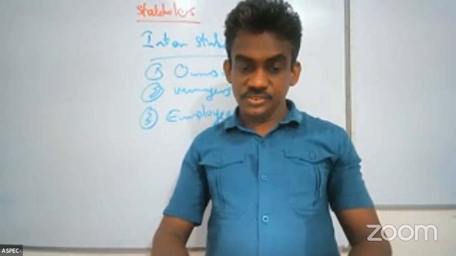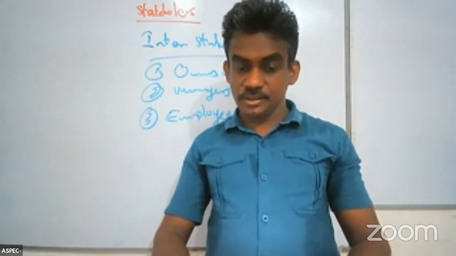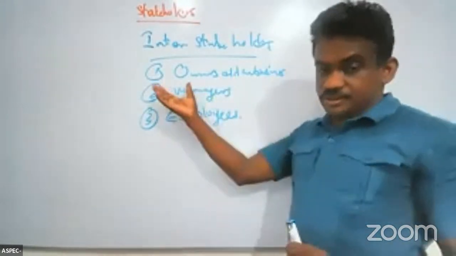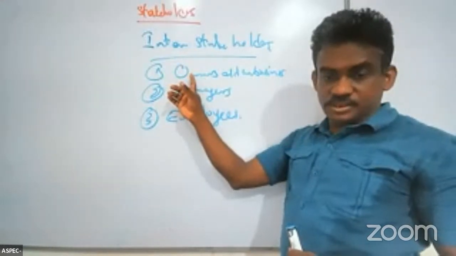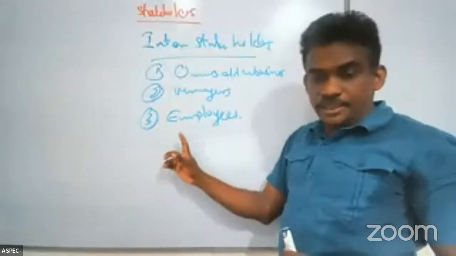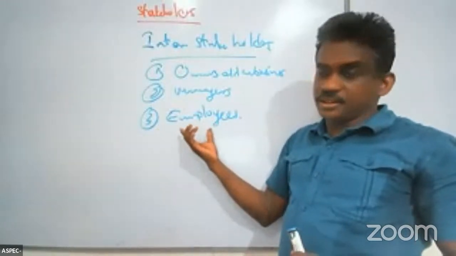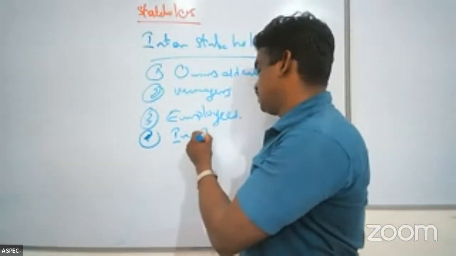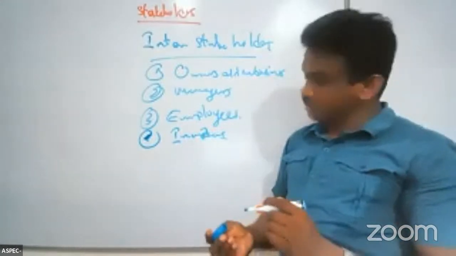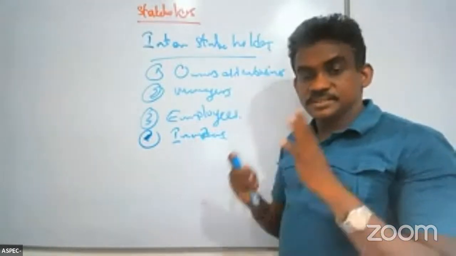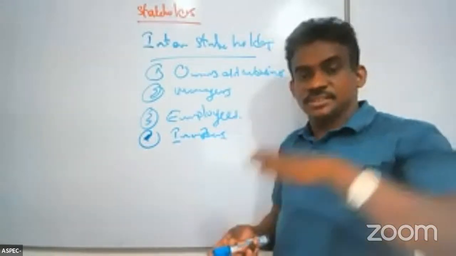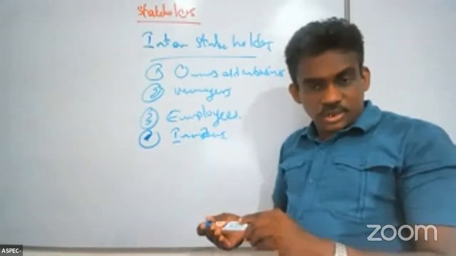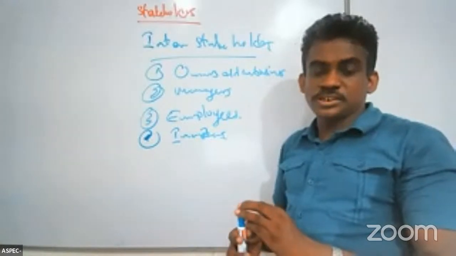Next, we look at the external stakeholders. Who are the external stakeholders? Owners, managers, employees, and investors we can classify as internal stakeholders. The other stakeholders are external: customers, outside parties not in the business, local community, creditors, suppliers, government.